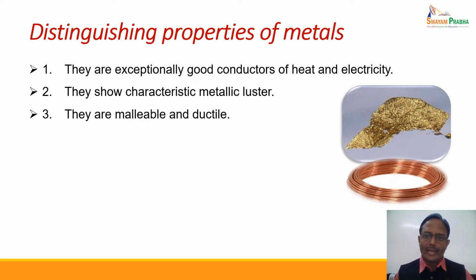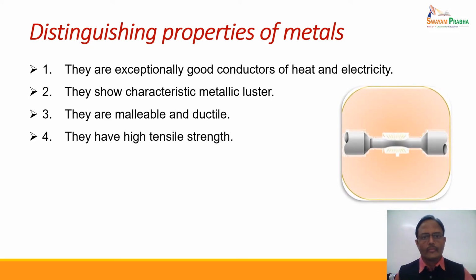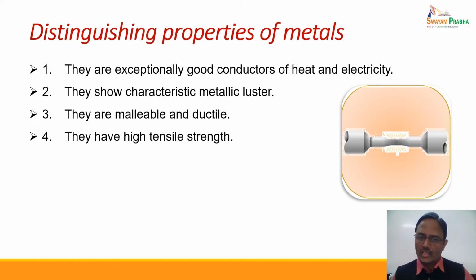So metals are malleable as well as ductile. Fourthly, they have got very high tensile strength. If we stretch them or if we apply pressure on them, they sustain the pressure without getting broken up like brittle types of materials like salts.